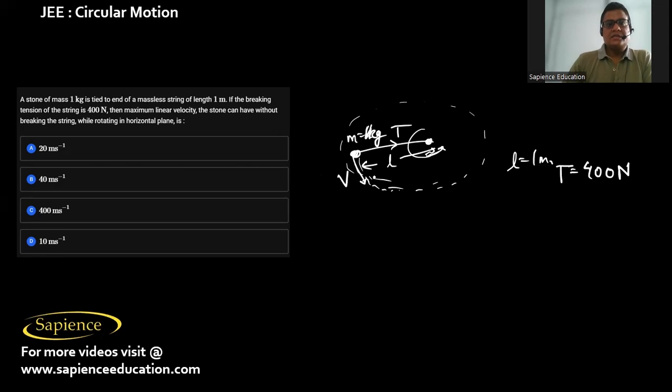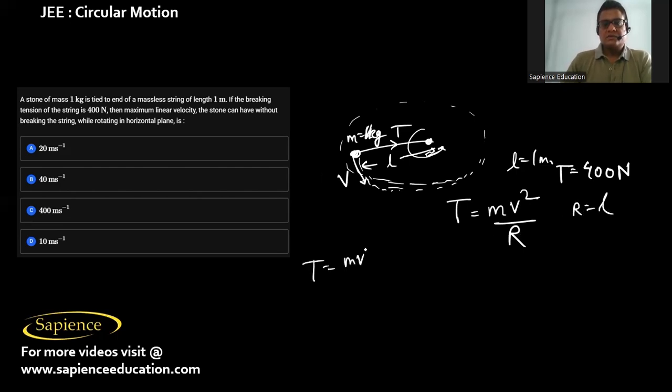We need the maximum linear velocity that the stone can have without breaking the string. So the tension provides the necessary centripetal force, that is equal to mv square by r, where r is equal to L here.